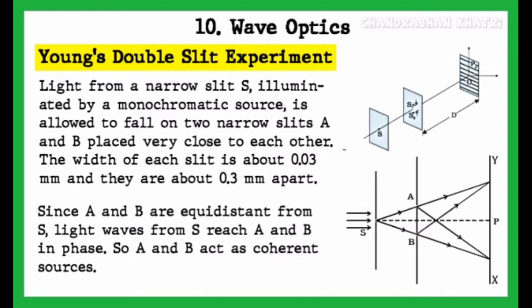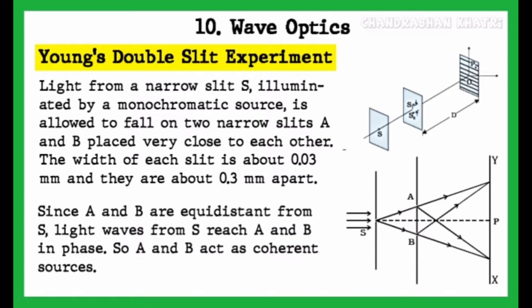Young's double slit experiment. Light from a narrow slit S, illuminated by a monochromatic source, is allowed to fall on two narrow slits A and B placed very close to each other.